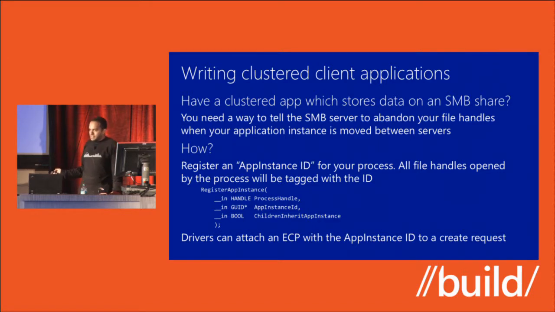So to prevent this, what we have done is a client app can register an app instance. It's some kind of an ID for the app, saying that all file handles associated with this application are tagged with this app instance ID. So when the client gets restarted on another node, it uses the same app instance ID.